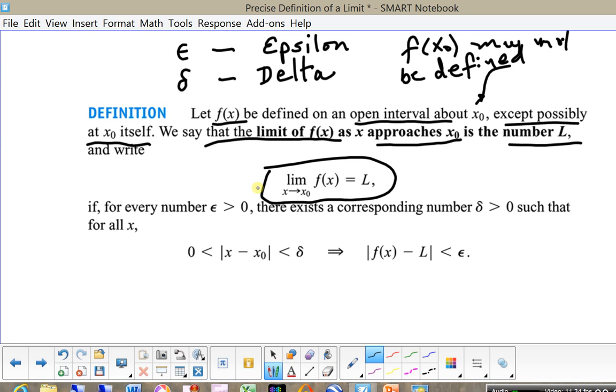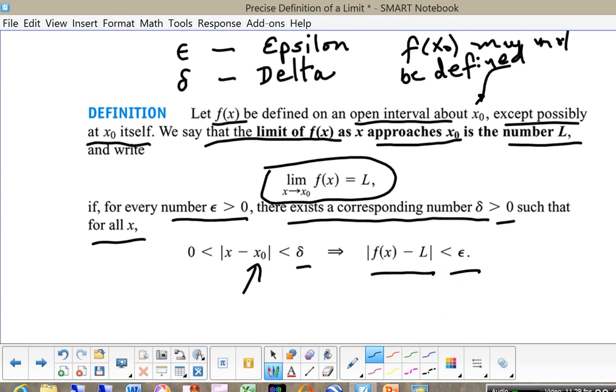And this means that for every epsilon more than 0, there exists a corresponding number delta that's also more than 0, such that for all x within delta of x naught, this implies that f of x minus the limit will be less than epsilon.